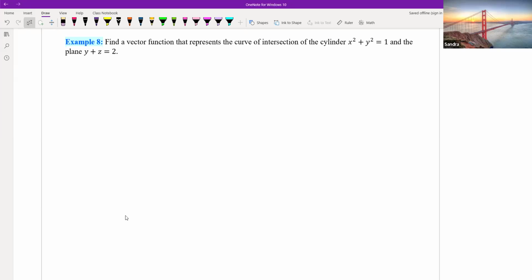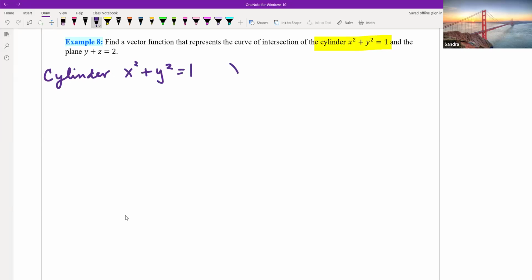But I had to see if it's possible for me to use what has been given to me, to express it in a certain way, so I can write down or find a vector function. And so the cylinder kind of helps me, because the cylinder is x squared plus y squared equals 1.